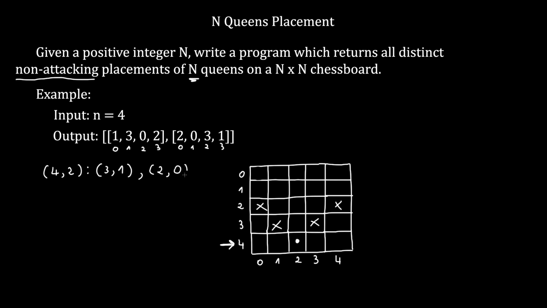Okay, awesome. Now, let's see about this diagonal. Here, the row gets decremented, but the column gets incremented this time, right? So the cell 4, 2 is also going to attack this set of cells. Decremented, incremented. 3, 3. Decremented, incremented, 2, 4.